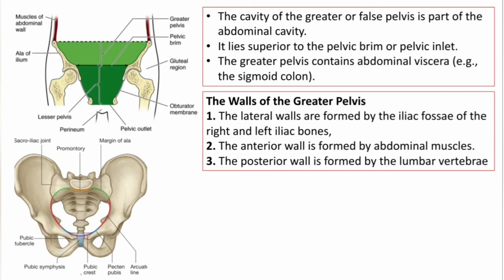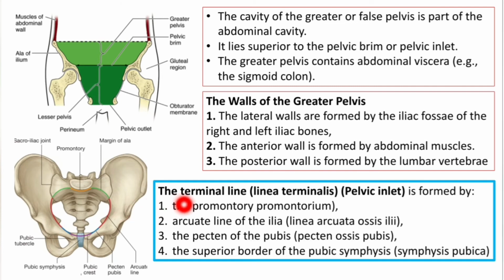Then next is the pelvic inlet, which I promised you. You've seen this before. It's also called the linea terminalis. The pelvic inlet is formed by, from the back here, the promontory, and you see the margin of the ala, and next here there is the arcuate line, linea arcuata ossis ilii.